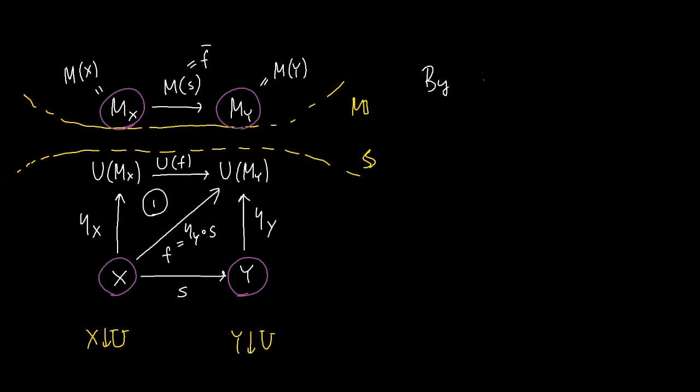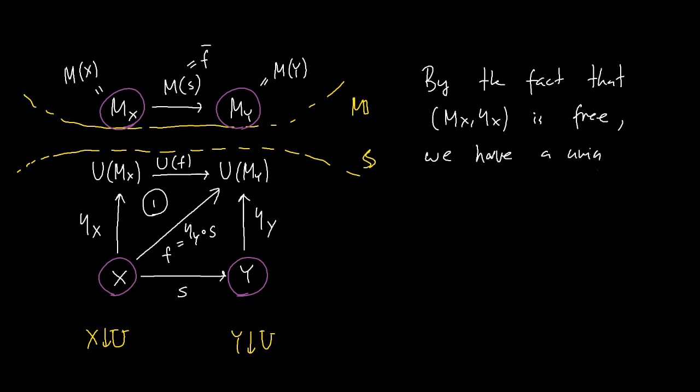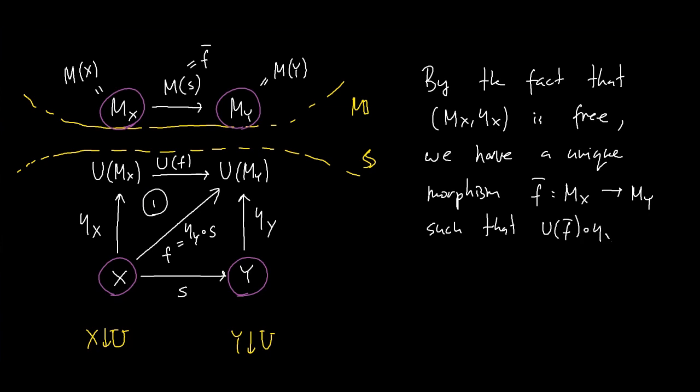So by the fact that MX with eta X is free, we have a unique morphism f bar from MX to MY such that U of f bar composed with eta X equals f, but our f by notation is just eta Y composed with s.